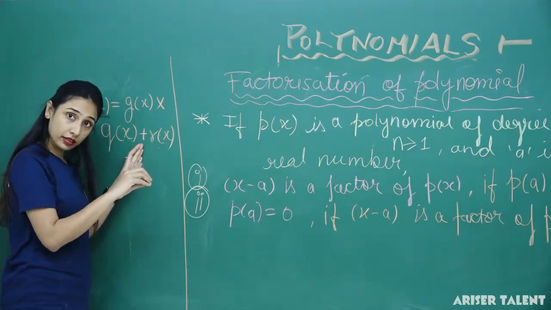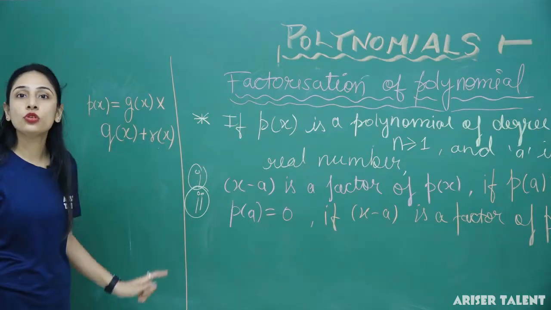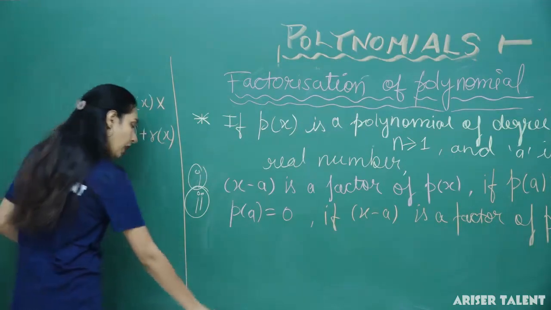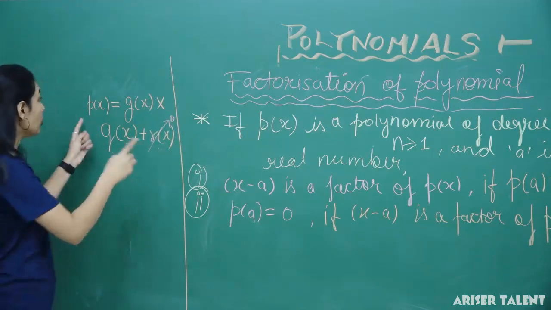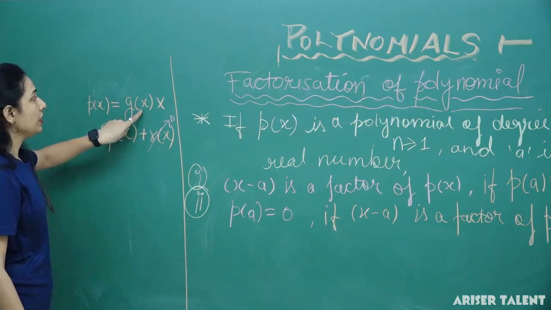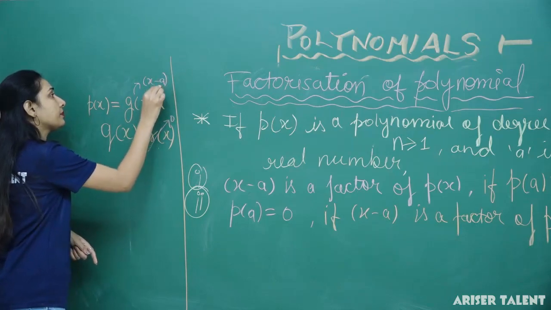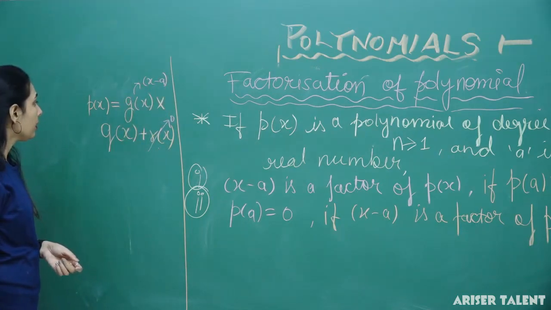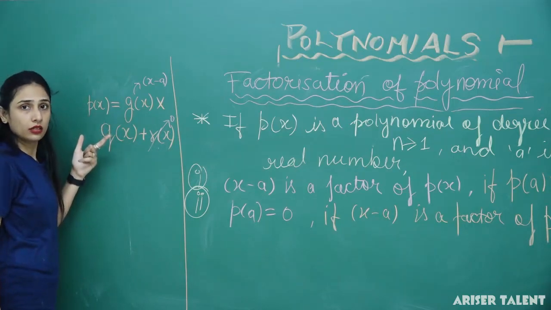If these are factors, there is no remainder. That means R(x) becomes 0. R(x) is 0, then only P(x) is a multiple of G(x) and Q(x). I am saying that G(x) is something, x minus a. So x minus a multiplied by something equals P(x).